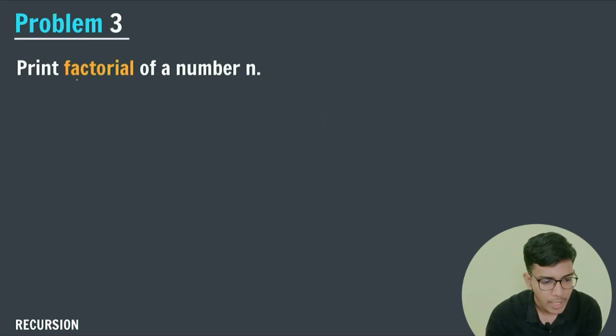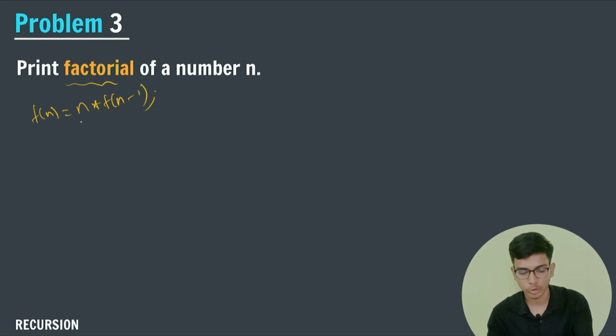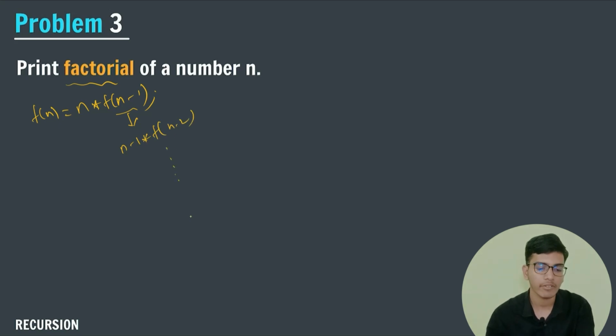So in this question I already know how to calculate the factorial of a number. In the beginning itself I told you, right, factorial of n is equal to n into factorial of n minus 1, right? Okay, here the code will be the pseudocode. I will calculate the n minus 1 value, that is n minus 1 into factorial of n minus 2, and this continuous function calling will take place until I get factorial of 0.